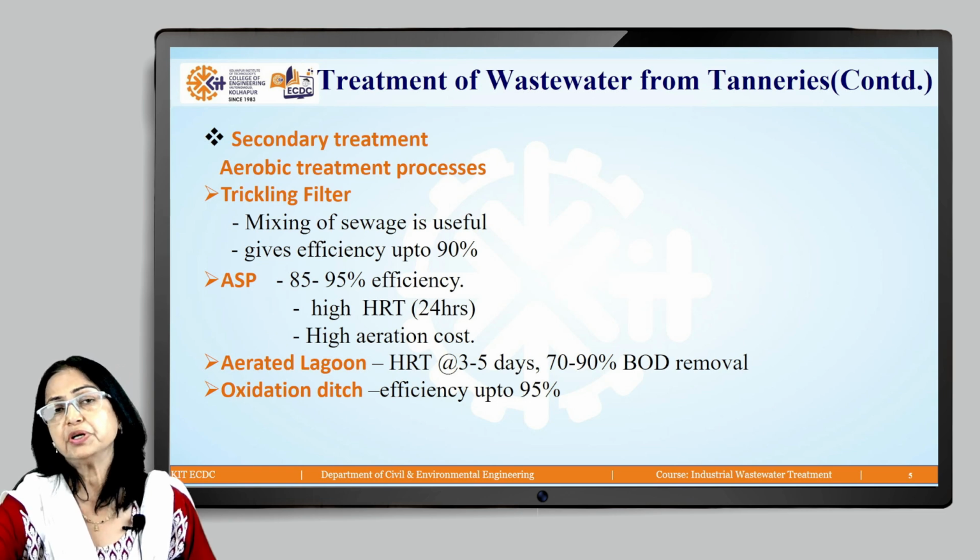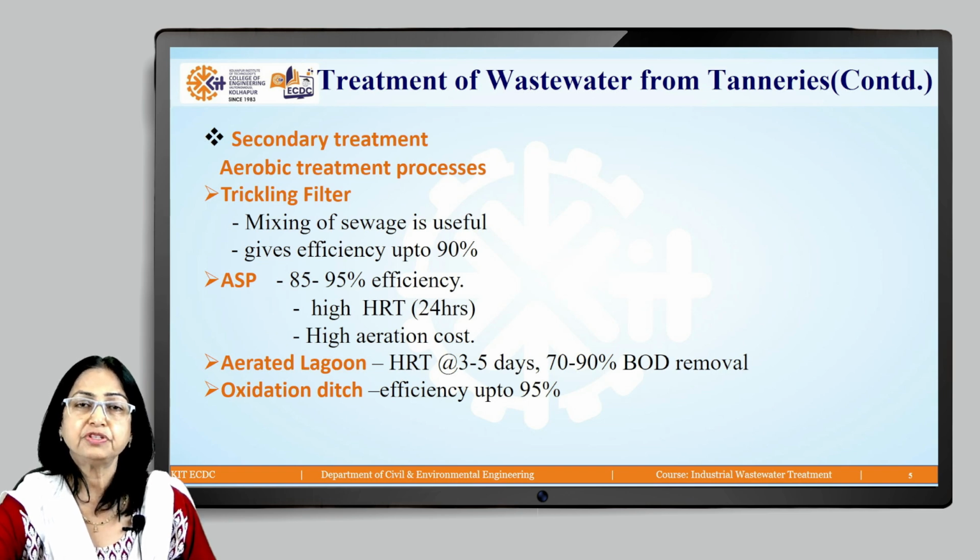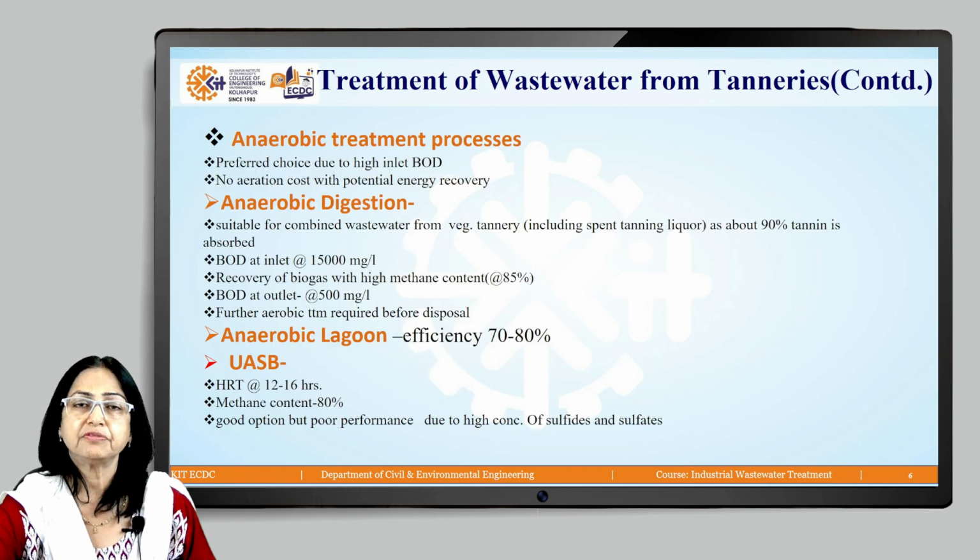Since initial BOD is high, the aeration cost is also quite high. Next option is aerated lagoon, a little cheaper option, but HRT 3 to 5 days. They give efficiency 70 to 90% for BOD removal. And yet another option is oxidation ditch, which can give efficiency up to 95%.